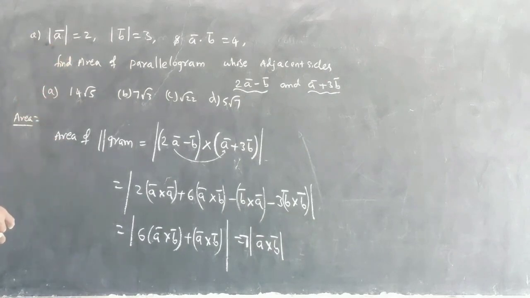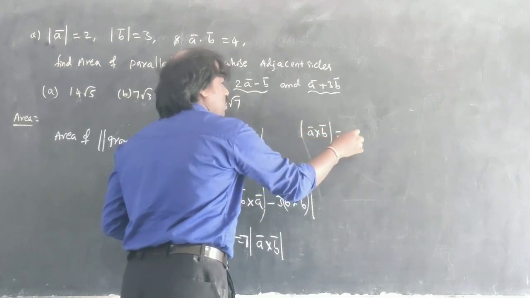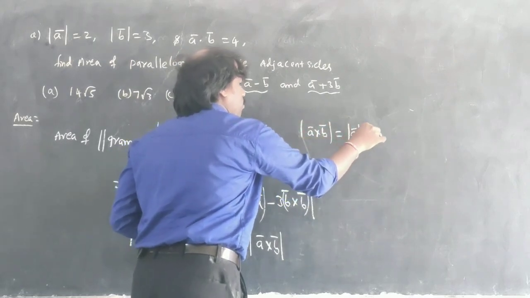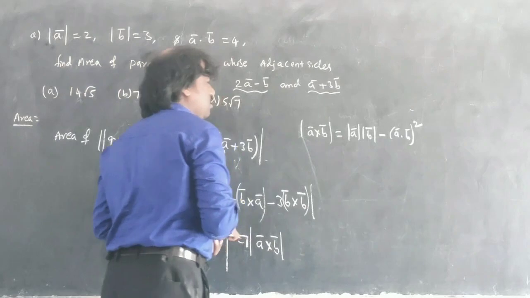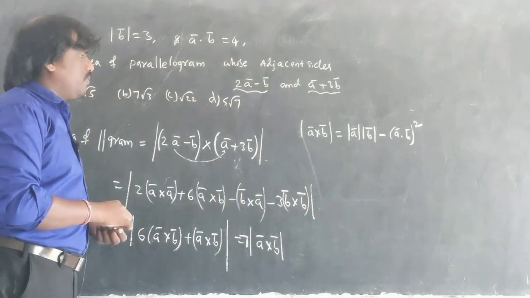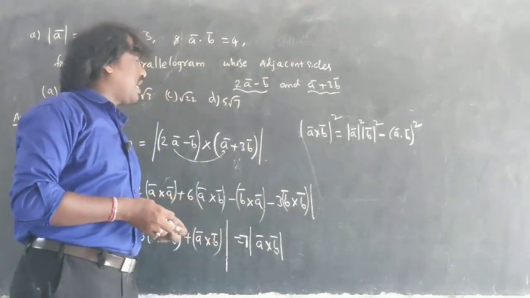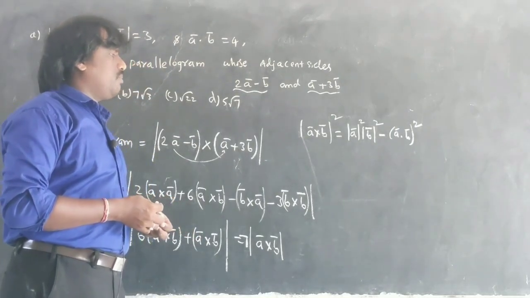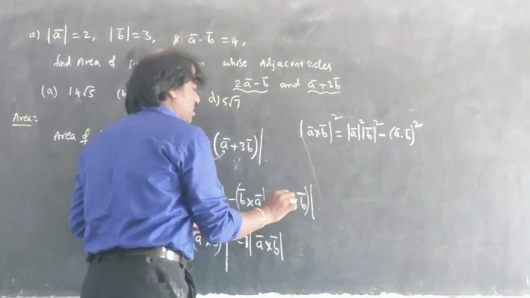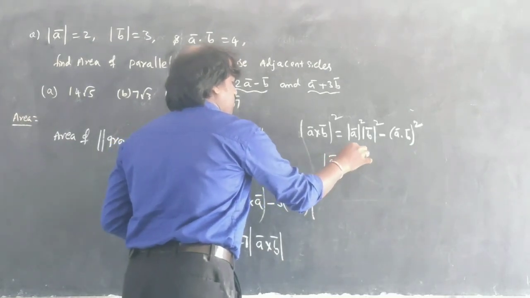As I told you, Lagrange's identity: modulus of A cross B whole square is equal to mod A square mod B square minus A dot B whole square. This is Lagrange's identity. So I have to find A cross B, that is the value I have to find.